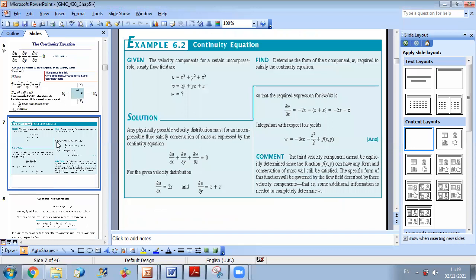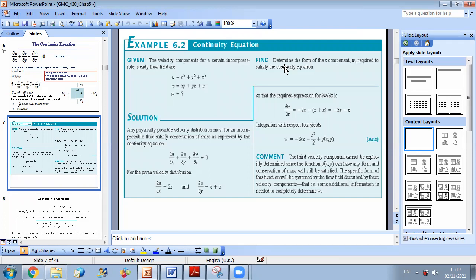Let us consider a small problem. The velocity components for a certain incompressible steady flow field are given by u equals x squared plus y squared plus z squared, v equals xy plus yz plus z, and w is unknown. Okay?